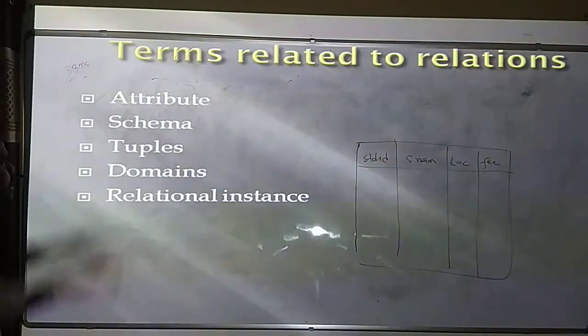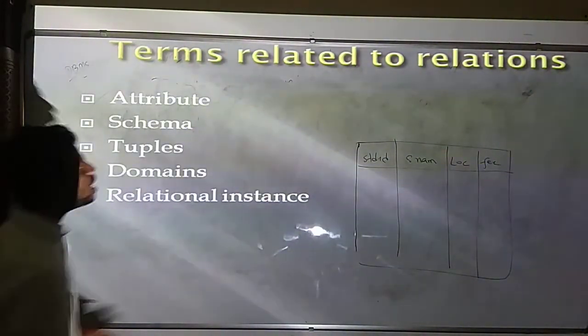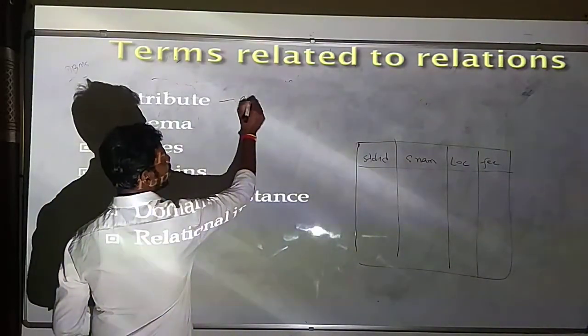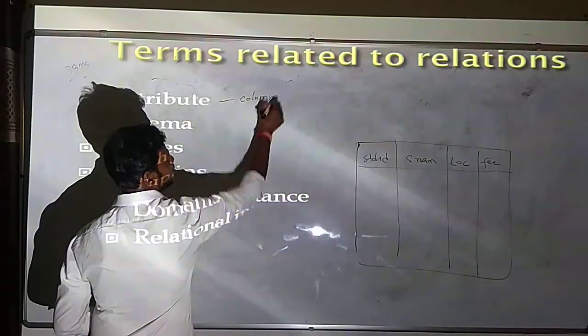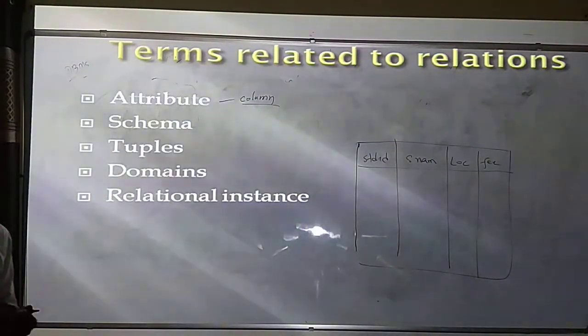Now try to understand what an attribute is. The fields or the columns in your table are called attributes. Attributes are the characteristics of your relation, the characteristics of your table.